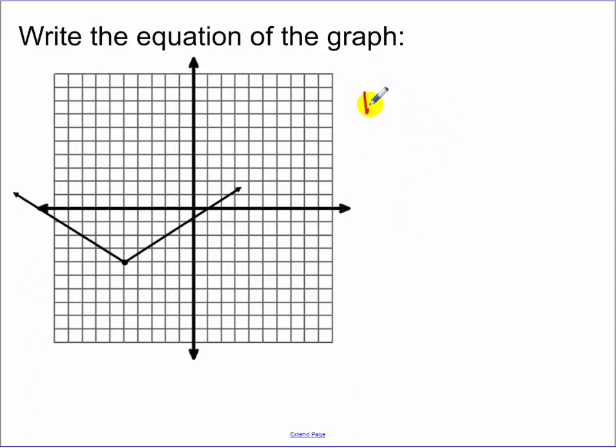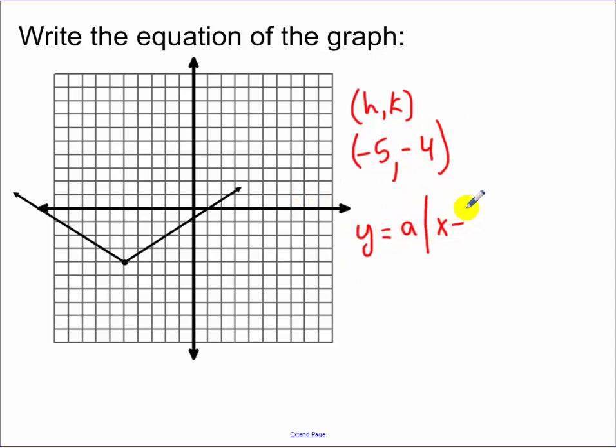Our next example. Again, let's figure out our h and our k. h is 1, 2, 3, 4, 5, negative 5. And k is negative 4. So now we have y equals a times x minus h, plus k. If you write out that standard form first, that's going to help you get the right thing. a is positive.